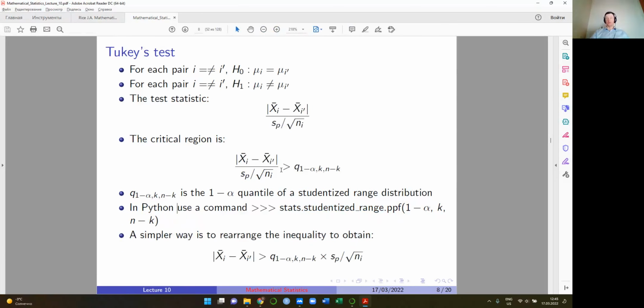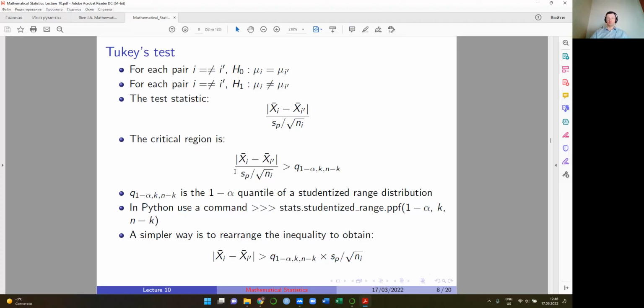A simpler way, if you rearrange this inequality, is to multiply this quantile by s_p divided by the square root of n, and we will get this. And why is it simple? Because now we can compare just this difference in sample averages or sample means with some number. And if this difference in averages exceeds a given number, then we reject the null hypothesis, and we conclude that the population means of the two groups are not equal.